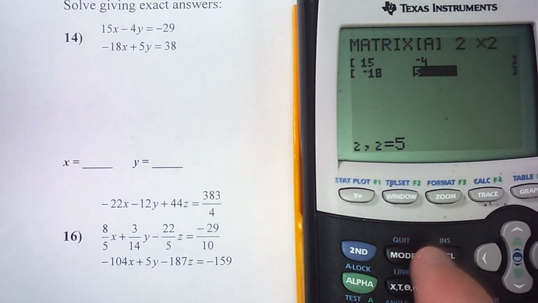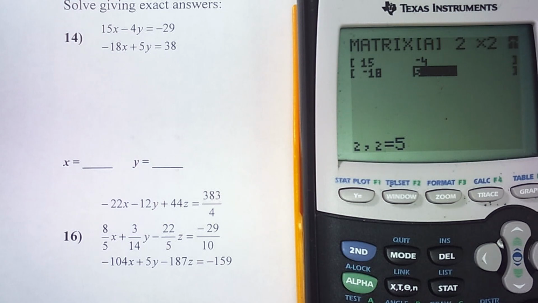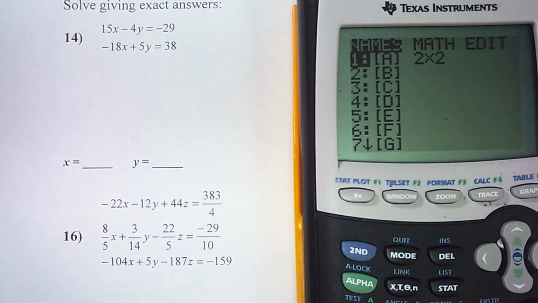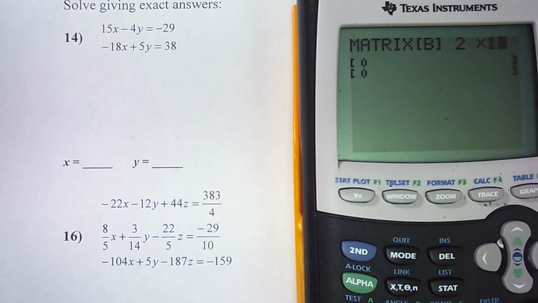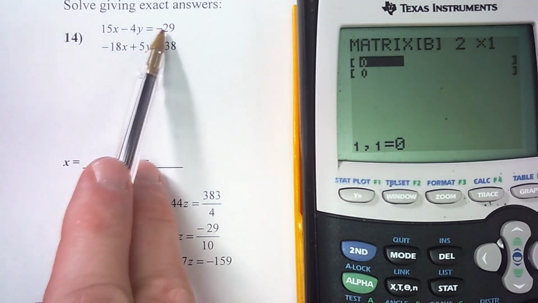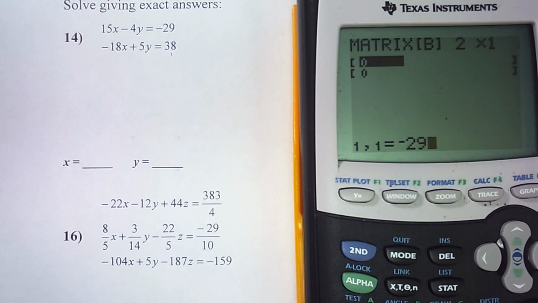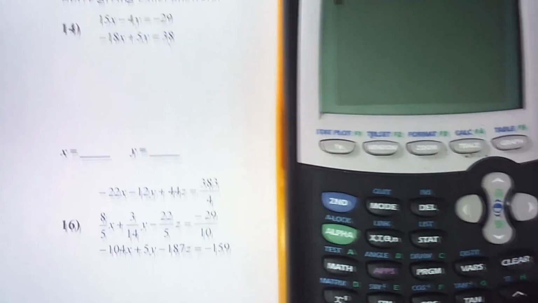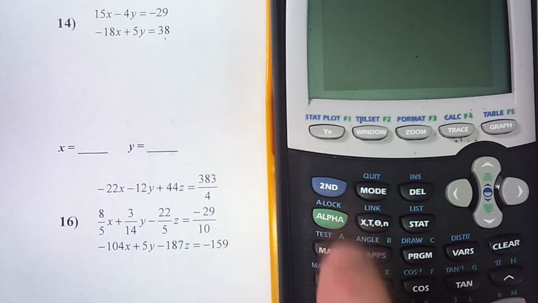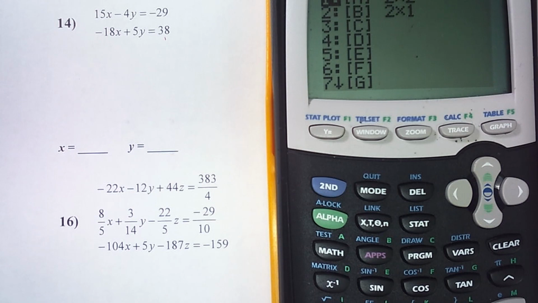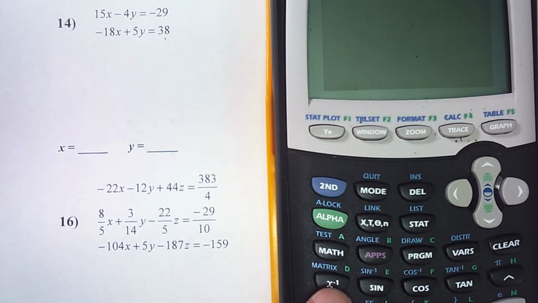Okay, then we go back to matrix, so second and the matrix button again, and we edit matrix 2 to a 2 by 1, and we plug in negative 29 and 38, and then we quit, second quit. So then we do second matrix and choose option 1, and then the inverse button.